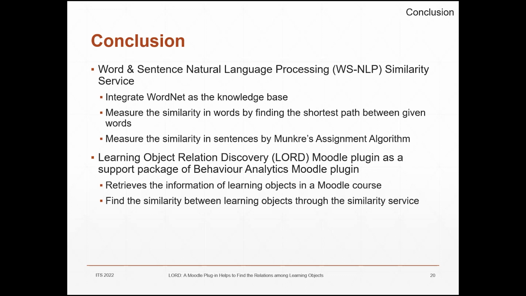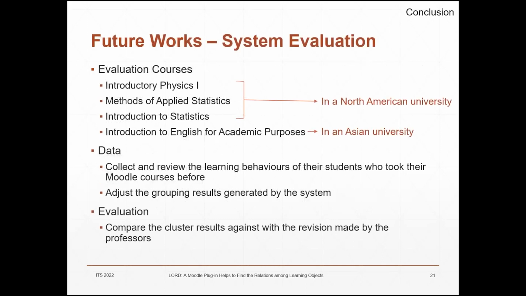So currently we are evaluating our systems. We invited two professors in North America who are teaching STEM courses, and one professor in Asia who is teaching a social science course. First of all, we get the agreement to collect their students' past behavior.